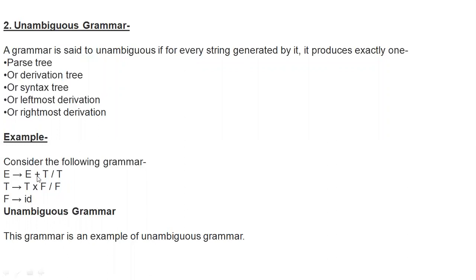See, E tends to E plus E is the actual ambiguity rule. But what I'm doing here, in the second E, I replace a variable T. In which place do I replace T? In the place of E. So I am giving here E plus T. That means in the place of E, I replace T. Right? And now T is a new variable.